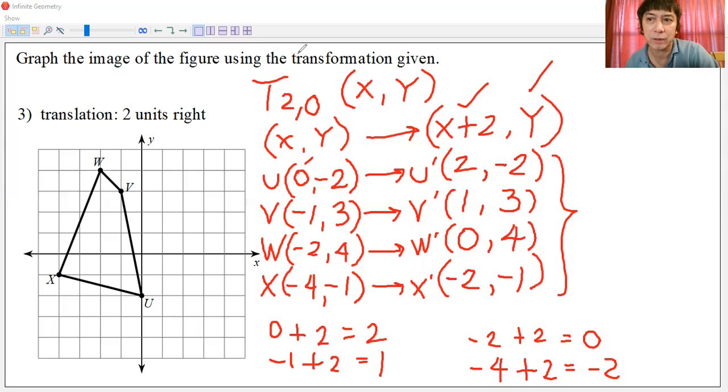We're now ready to plot and draw the sides, and we shall be able to have the figure. Let us start with point U prime. U prime is (2, -2). So that should be over here, the first point. And then V prime is (1, 3), first quadrant. That looks like a short line.